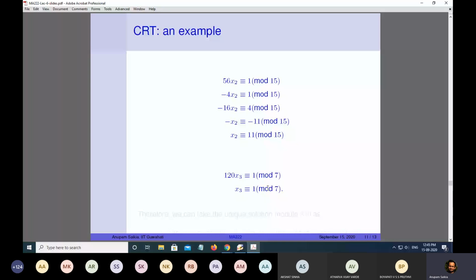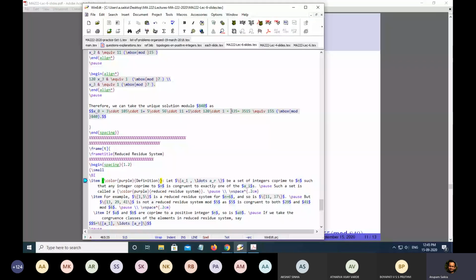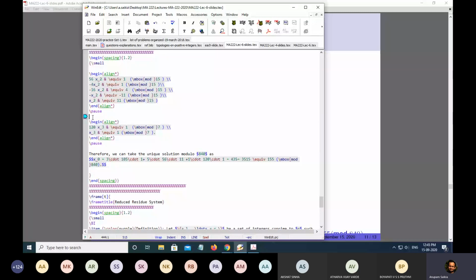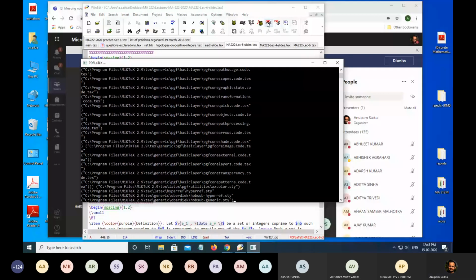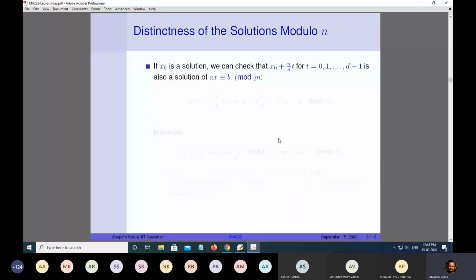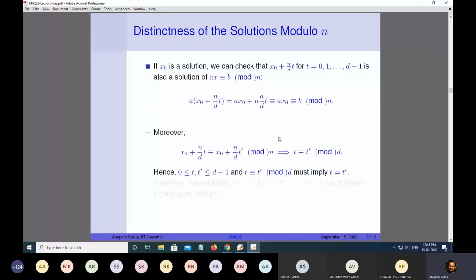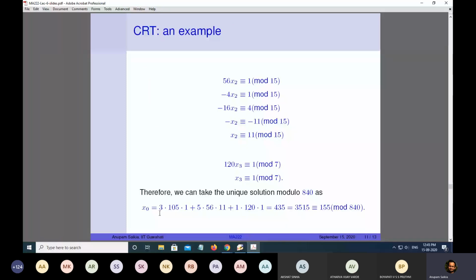The solution will be like this: the remainder that we wanted modulo 8, or modulo n1, is a1 times capital N1 times x1, plus a2 capital N2 x2, plus a3 capital N3 x3.